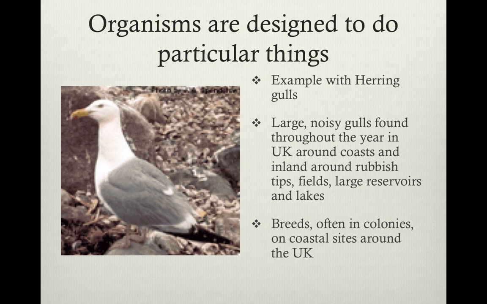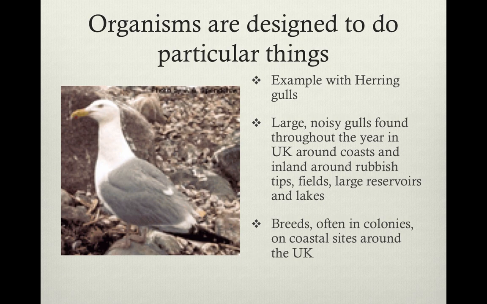And so this noise and the loud raucous behavior is characteristic of most gulls. The herring gull specifically is found throughout the year in the UK, around coasts and inland around rubbish tips, fields, reservoirs, and lakes, so pretty much anywhere that there's water.